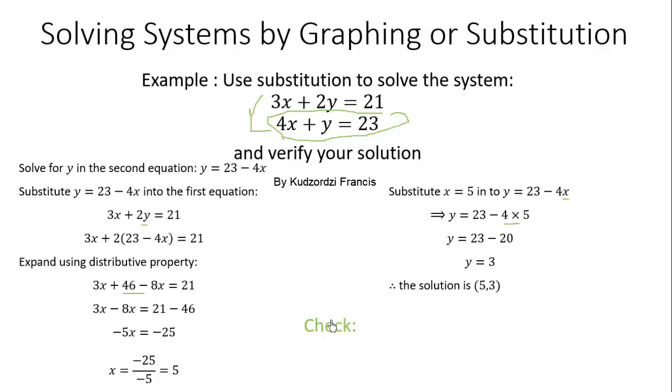Wherever we see x in this system, so this is the system given to us, wherever we see x, we replace with 5. And wherever we see y, we replace with 3.